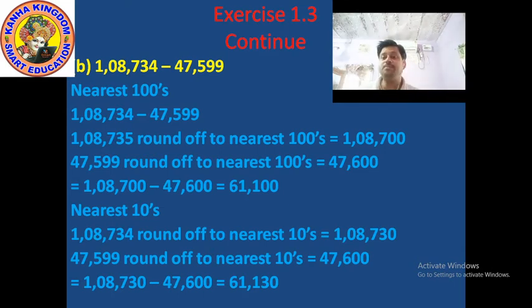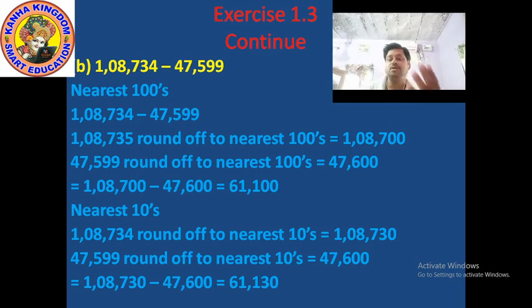Now move to the 100 place. The 100 place of the bigger number is 7, and of the smaller number is 6, means 7 minus 6 becomes 1. Now move to the 1000 place. Bigger number is 8 and smaller number is 7, means 8 minus 7 becomes 1.